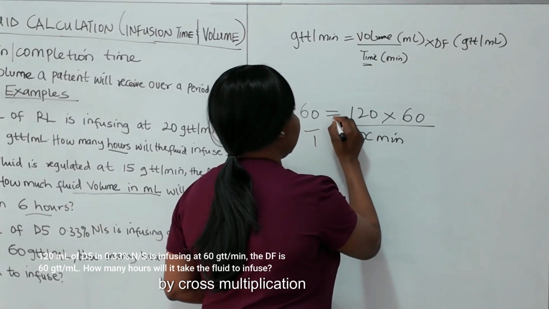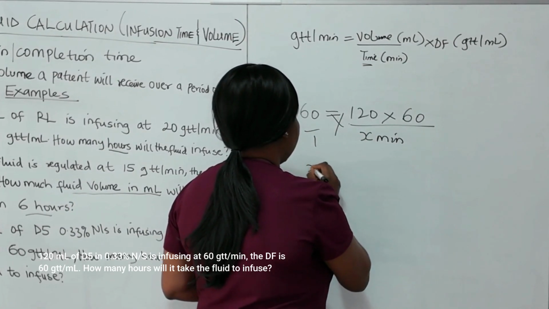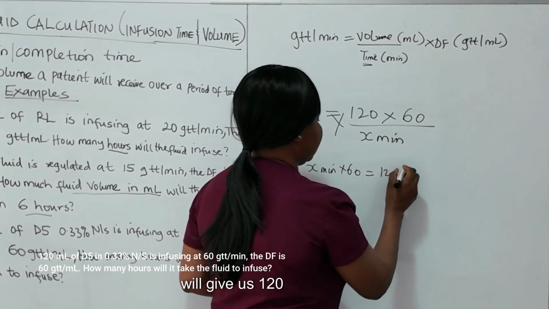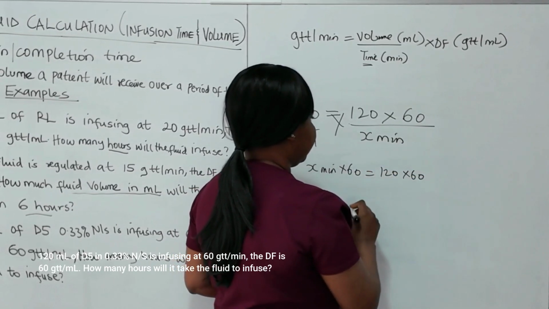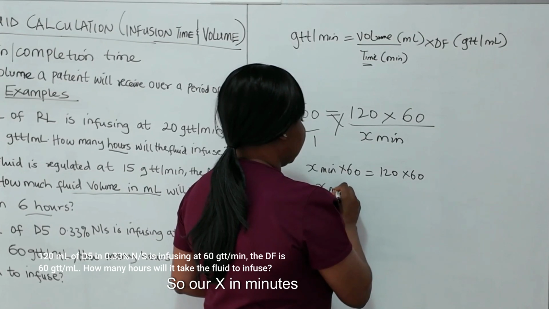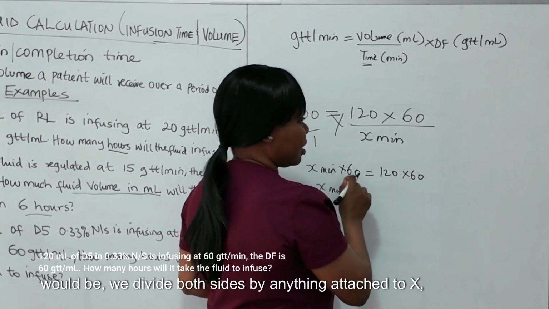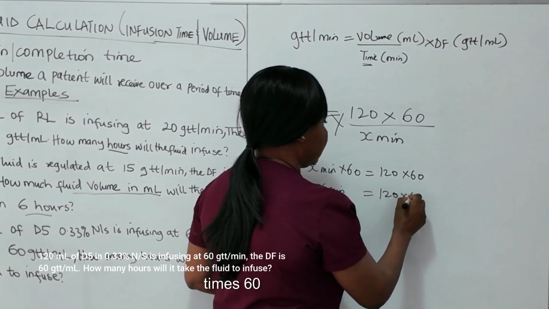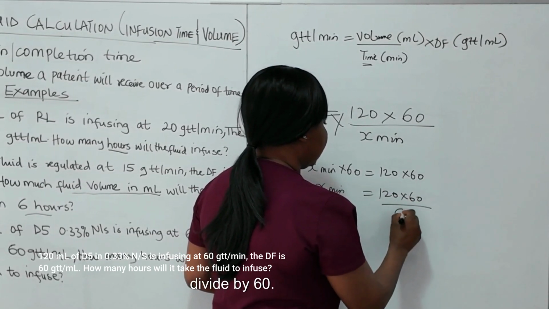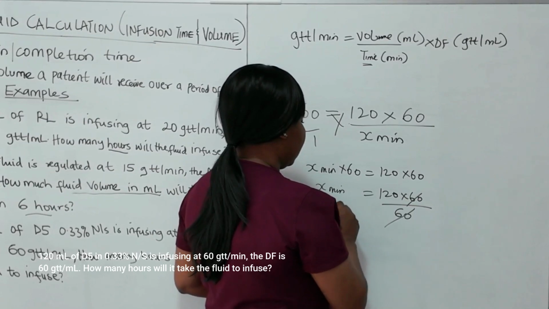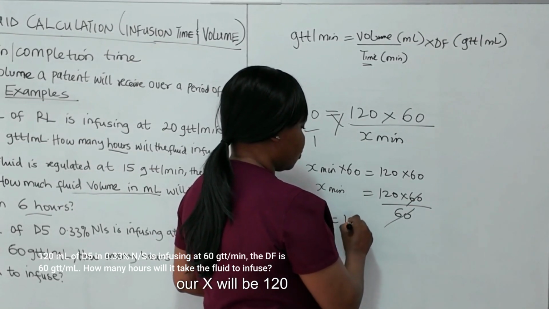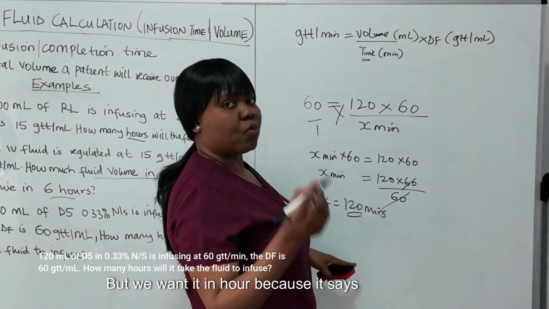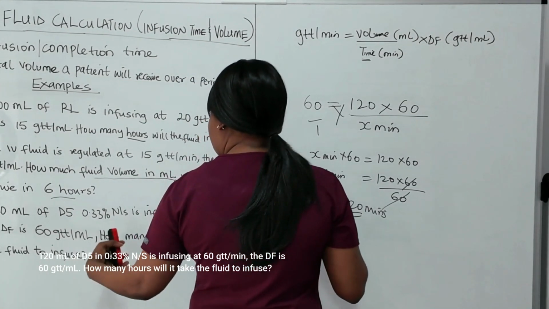By cross multiplication, x in minutes times 60 gives us 120 times 60. We divide both sides by anything attached to x, so x in minutes is 120 times 60 divided by 60, which is 120 minutes. But we want it in hours because it says how many hours.